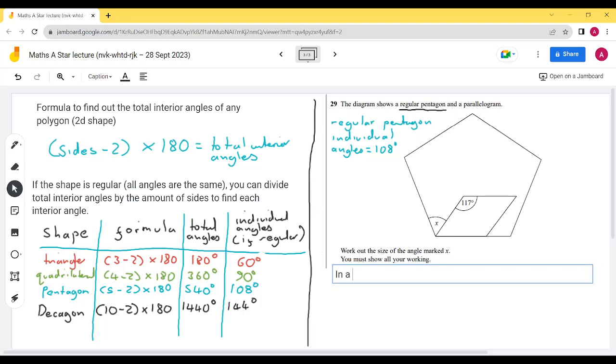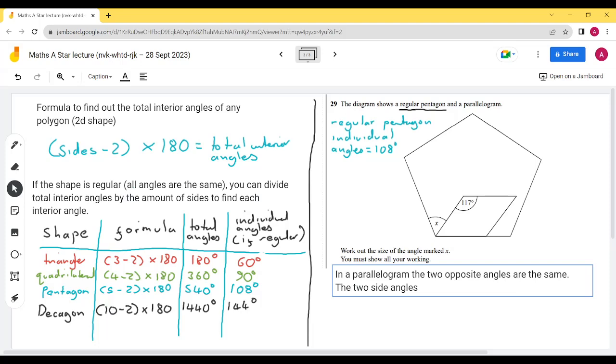So in a parallelogram, the two opposite angles are the same, and the two side angles equal 180 degrees.